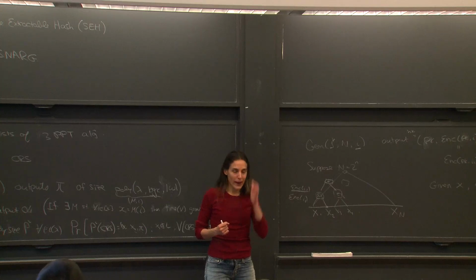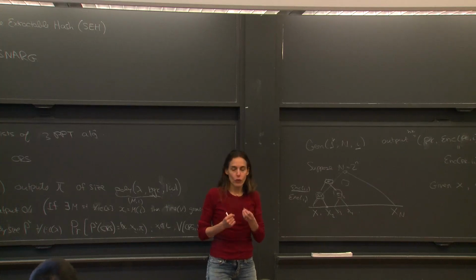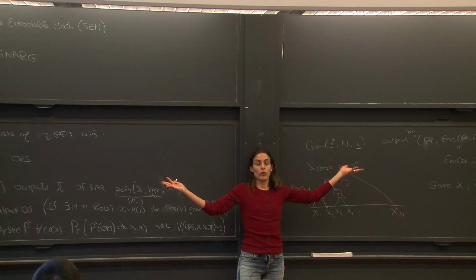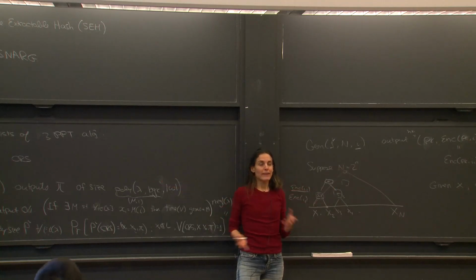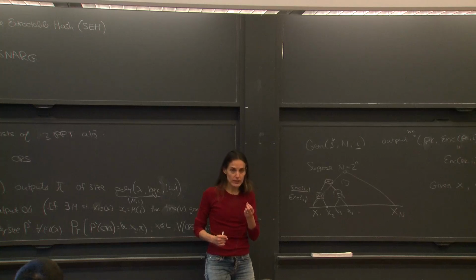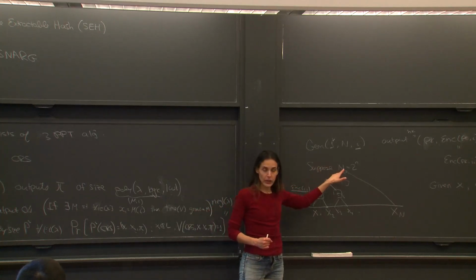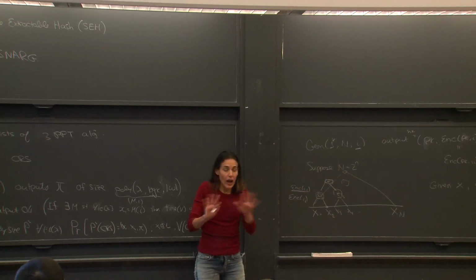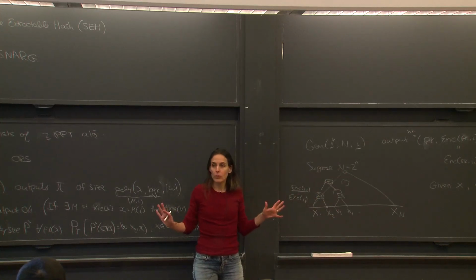It seems like it should be binding because, look, here is sitting the encryption of x_i. But the reason it's not binding is that a malicious adversary may give ciphertexts that are completely garbage.